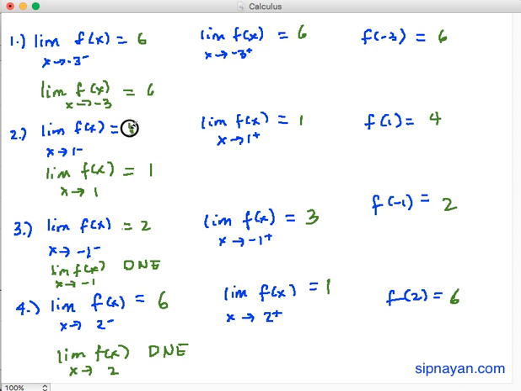Pag equal sila, regardless of the value of the function at these values, negative 3 and 1, kahit ano pang value niyan dyan, basta pareho yung limits nila, both the right hand and the left hand limit, may limit yan, which is the value here. So ito, 6, ito, 1.